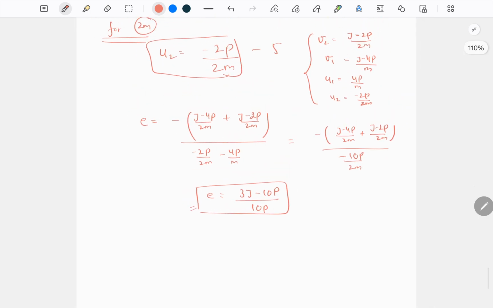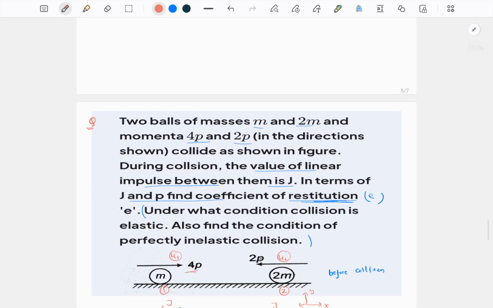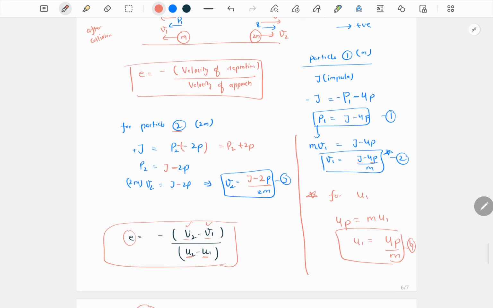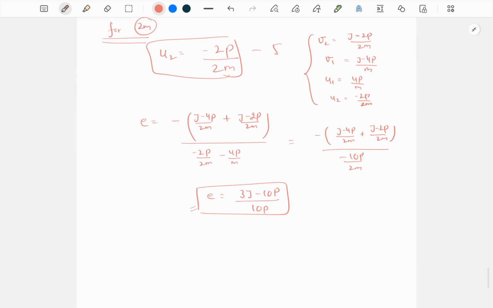Now we can move to the second part of the question. What it was asking: under what condition is the collision elastic? Also find the condition for a perfectly inelastic collision. So we have to find the conditions. We found the coefficient of restitution. Now we know for an elastic collision, E will be equal to 1.